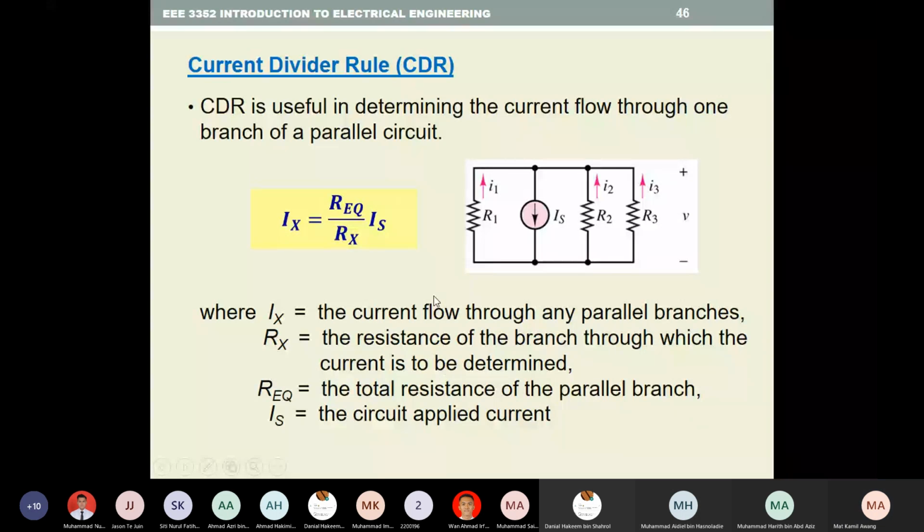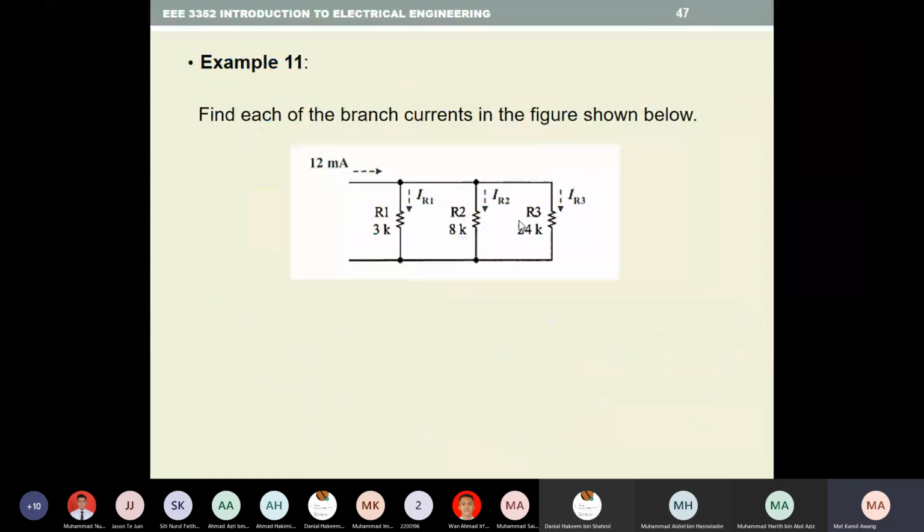So, for example, find each of the branch currents in the figure shown below. You have three resistors connected in parallel, and you have the total current of 12 milliamps flowing through these three resistors.